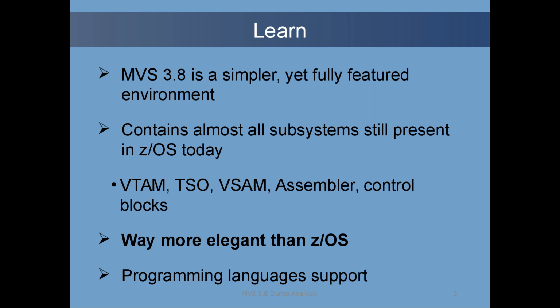And one thing that I realized is that very little has actually changed. Very few people realize that, for instance, the latest COBOL and PL/I compilers for z/OS don't even have 64-bit support yet. It's all still 31-bit. And so, yes, those compilers obviously are way more advanced than the compilers we have from the 60s or 70s, but everything that's in z/OS is also in MVS 3.8.